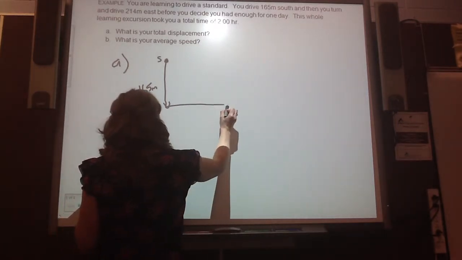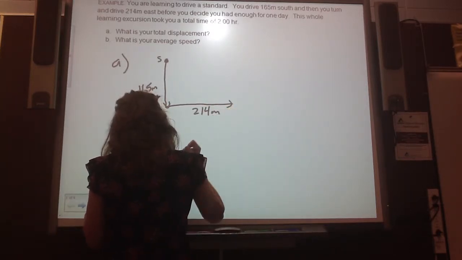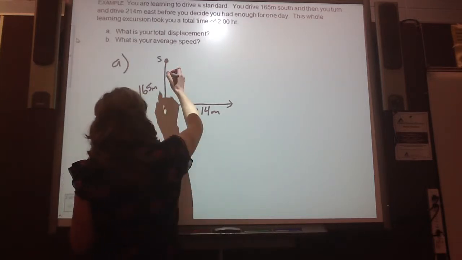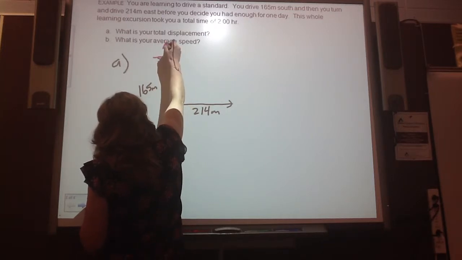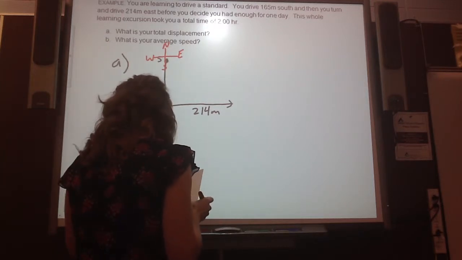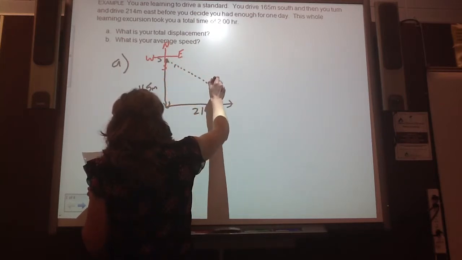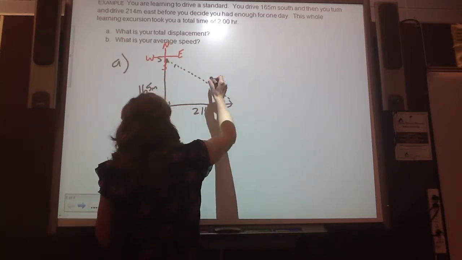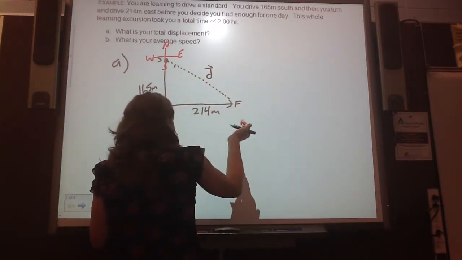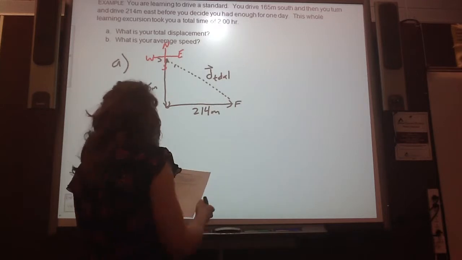And I'm also going to go over east 214 meters. Now draw in north, east, south, west to help give you your references here. Now I'm going to draw my resultant vector. So this vector here, going from start to finish, F representing finish, this is my D total, my displacement total.